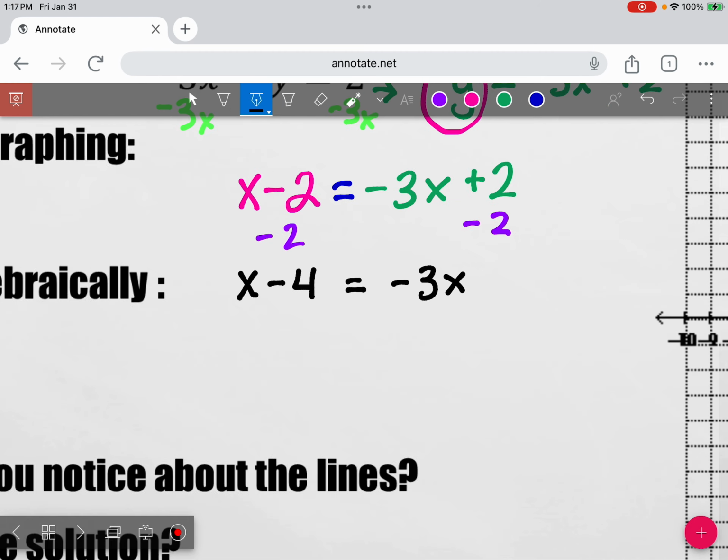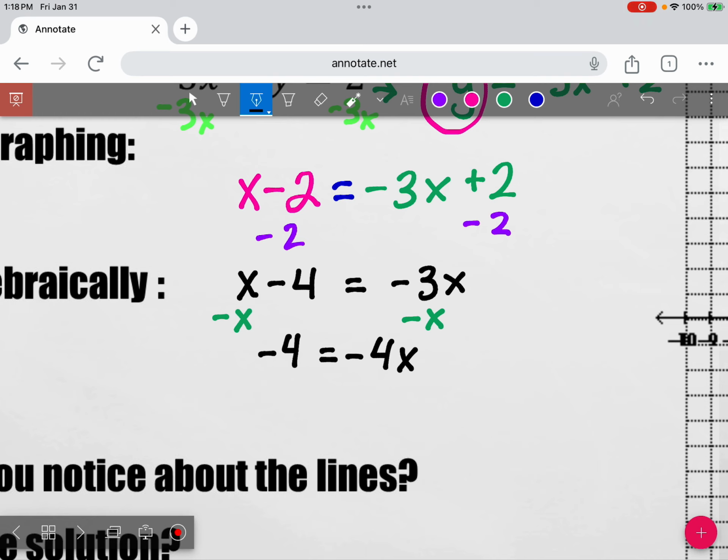Then what do we want to do? Yeah, we can subtract an x from both sides. Minus x on this side, minus x on this side. That's going to give me that my minus 4 equals minus 3x minus x, which is a minus 4x.